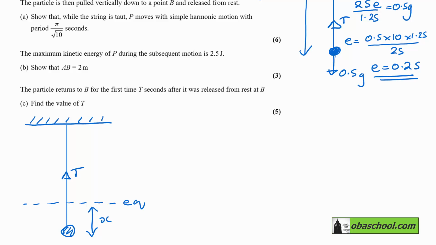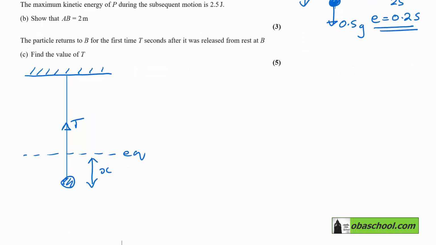So we'll have a tension here, and of course the mass still exerts a force downwards of 0.5 g. So in this position, it would be accelerating upwards like this. And note the acceleration would be in a different direction to that in which we're measuring the extension.